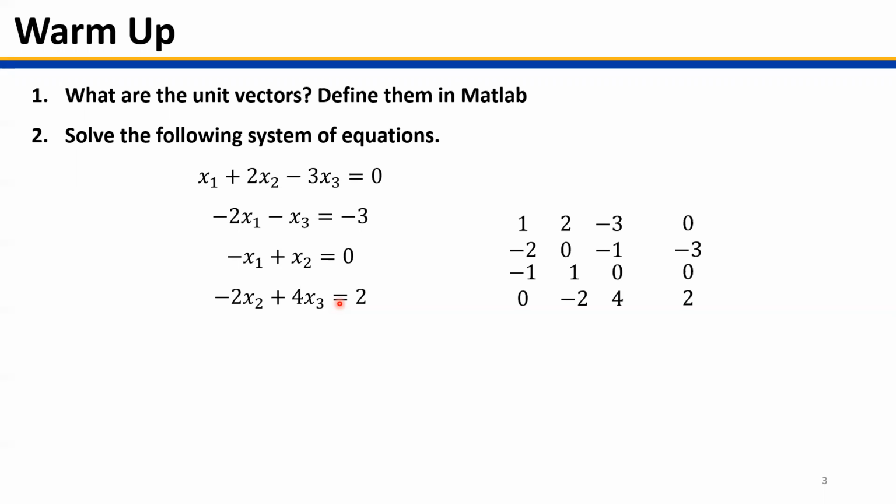A couple weeks ago? Remember Cramer's method? Cramer's rule? So what did we need to take in order to solve 3x3 systems? The determinant. I heard it.